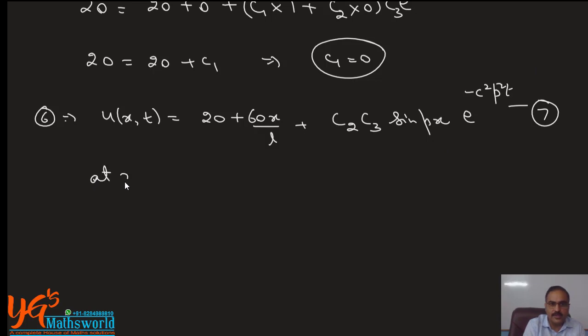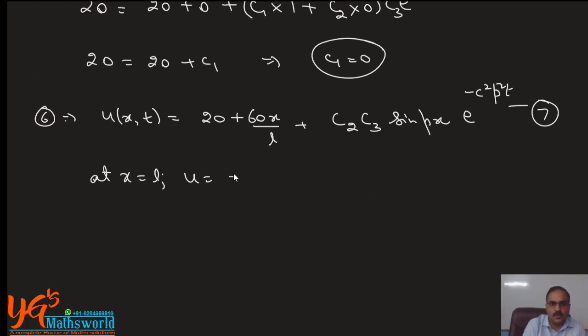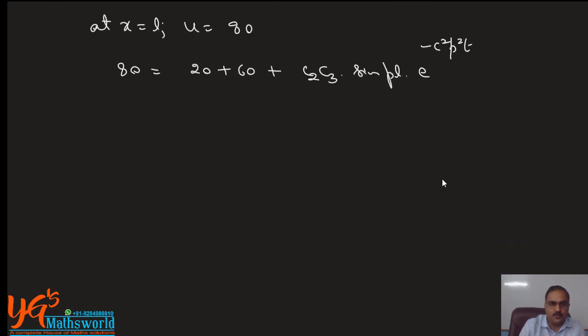Next boundary condition, at x equal to L. Now the value of u was 80. So 80 is equal to 20 plus, if I substitute x equal to L, L and L cancel out, that will be 60 plus c2 c3 sin PL e^(-c²p²t). So it will be 80 is equal to 80 plus c2 c3 sin PL into e^(-c²p²t).